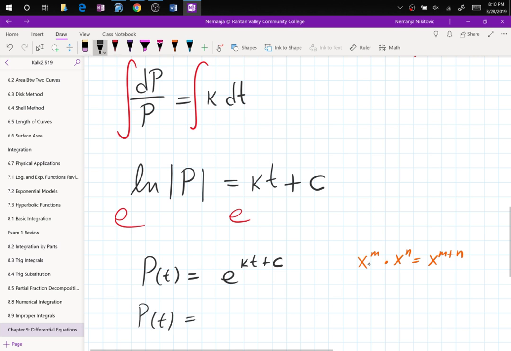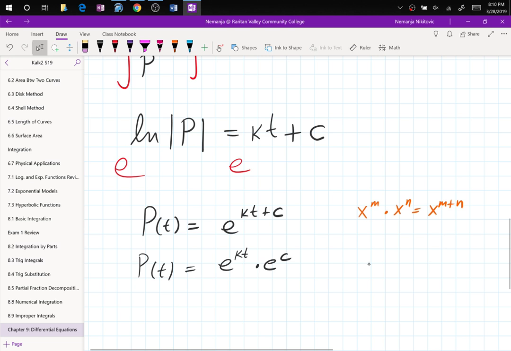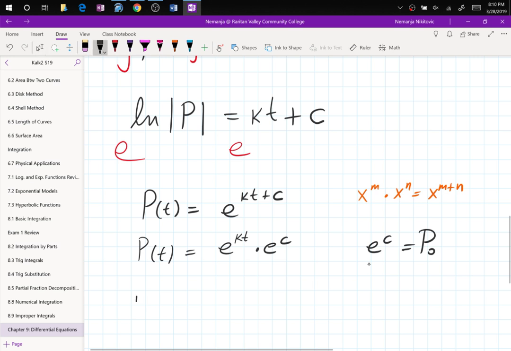So P of t is equal to e to the kt times e to the C. I'm going to define e to the C as initial population P0, whatever you want to call it. So now P of t is equal to P0 e to the kt. By any chance, do you remember this formula from your pre-Calculus 1 course, right? You remember it from the last exam too.